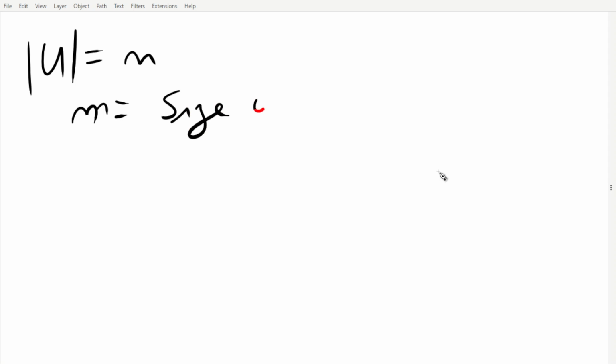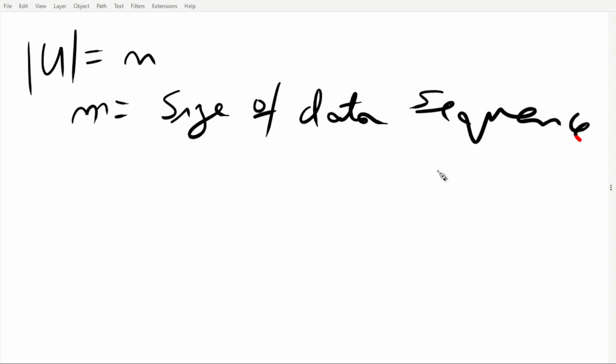So we have: size of u, the number of elements in the main memory, is n, and m is the size of the data sequence. And we have k equal to the size of the cache.